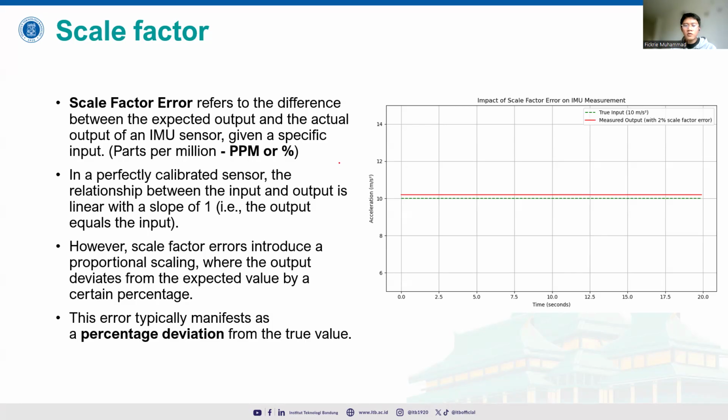It's also written in the product descriptions of the IMU. So these things have to be noted when you are choosing your IMU, besides the bandwidth, the frequency, the update rate, and the range and resolution.